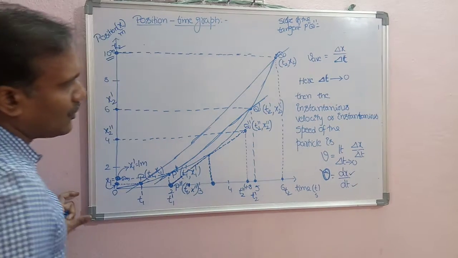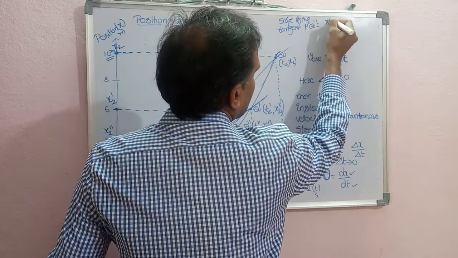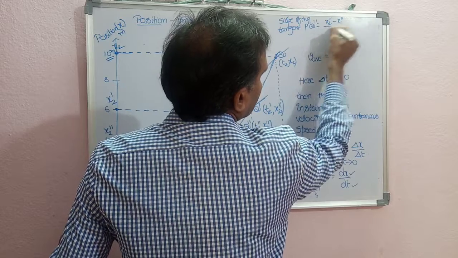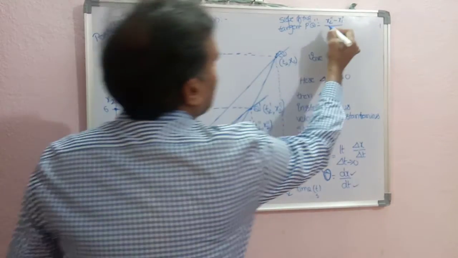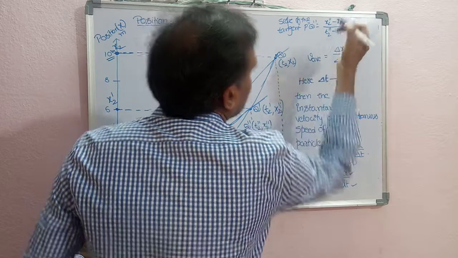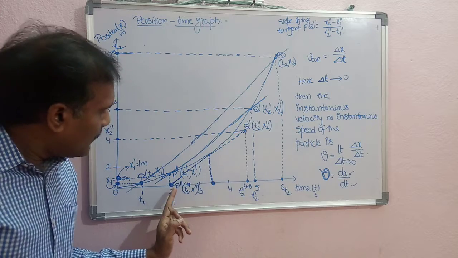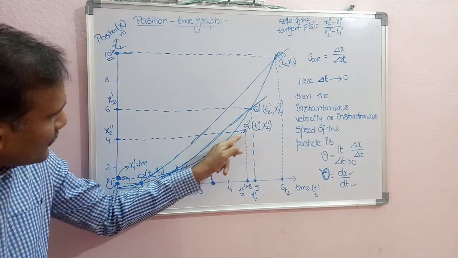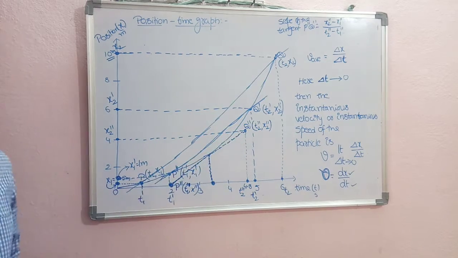Change in y coordinates, x2 double dash minus x1 double dash, divided by change in x coordinates, t2 double dash minus t1 double dash. Here, for this line, that slope remains constant. It is a straight line.